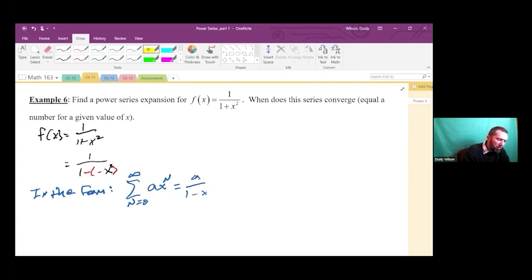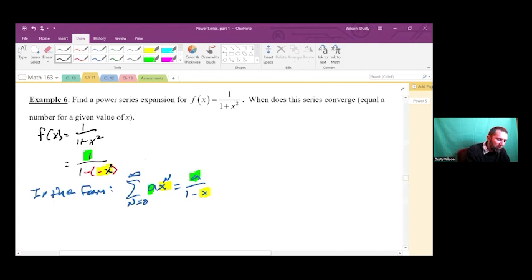And so here's the x showing up, it's the yellow thing. Here's the a showing up. And so in our case, we recognize that the green thing, the a, is going to be 1, and the yellow thing is going to be negative x squared.